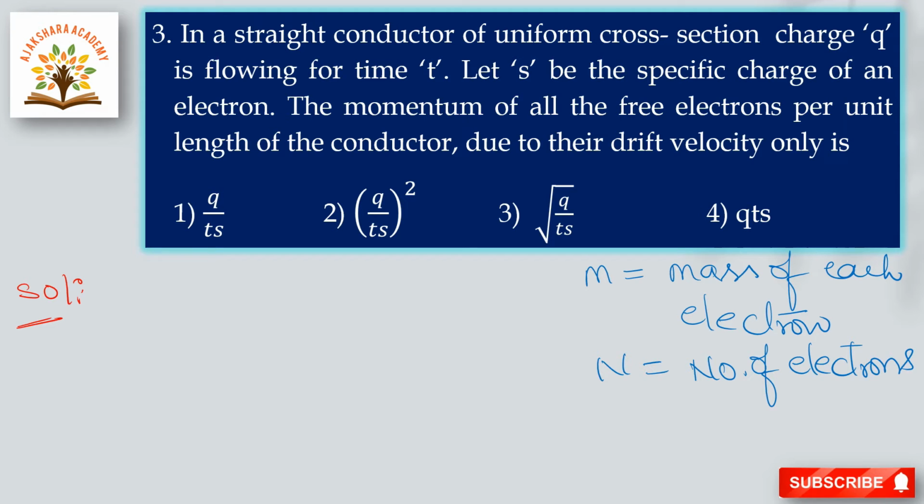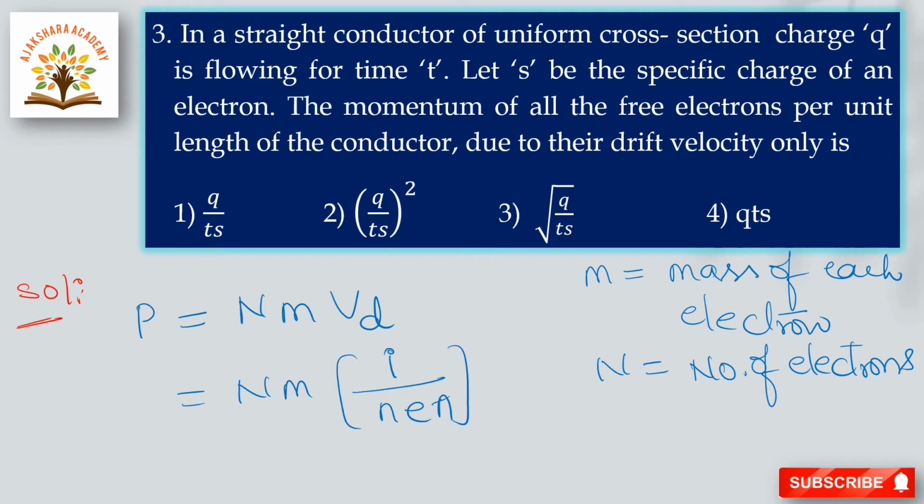And now momentum P is equal to nmVd. So drift velocity Vd is equal to I by nEA. This is A.